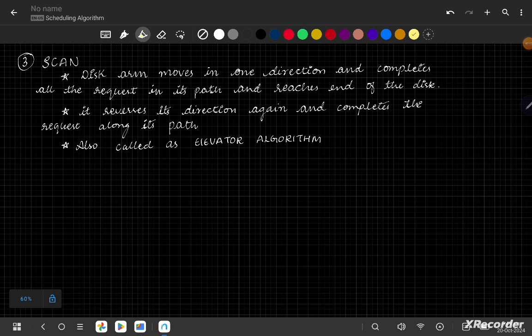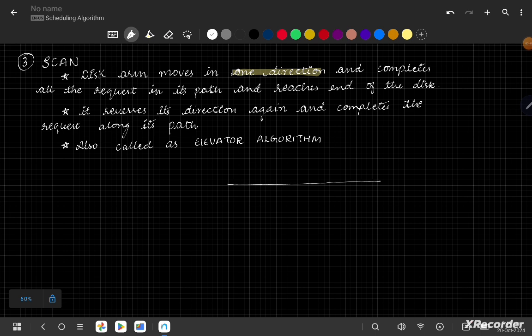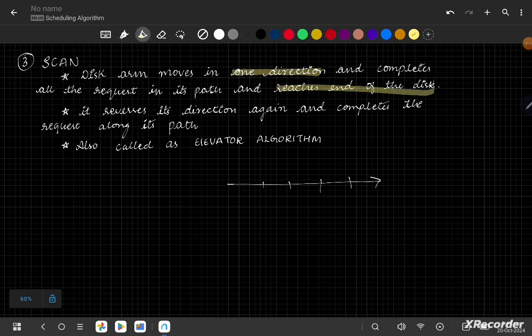There are some important points that we have to talk about before going to the problem. In scan algorithm, we will be moving only in one single direction. That means the read and write arm that is present inside the disk will be moving in only one direction, and whatever requests you find on its way, you will complete, and you'll keep going in one direction until it reaches the end of the disk.